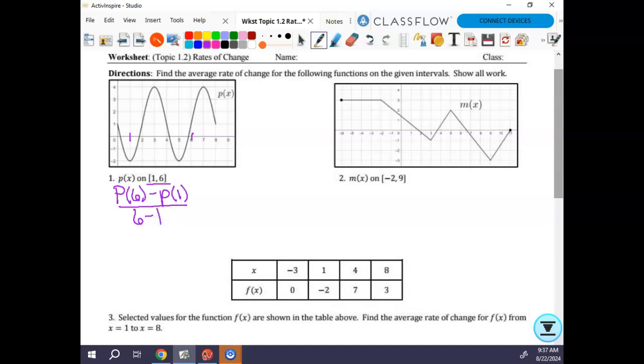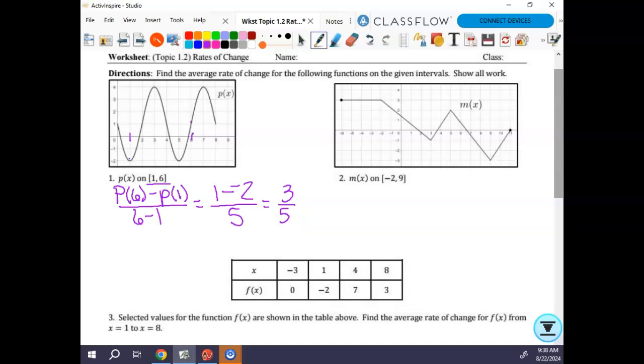I need to see your average rate of change, your slope, written as a quotient with function notation. Then we substitute stuff in. P of 6 is 1, right? Minus P of 1 is negative 2. 6 minus 1 is 5. What's 1 minus a negative 2? 3. And so my answer is 3/5, and that is it.